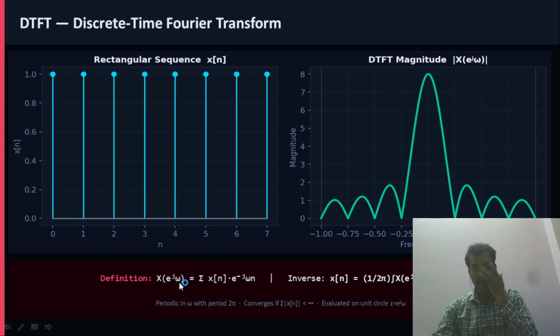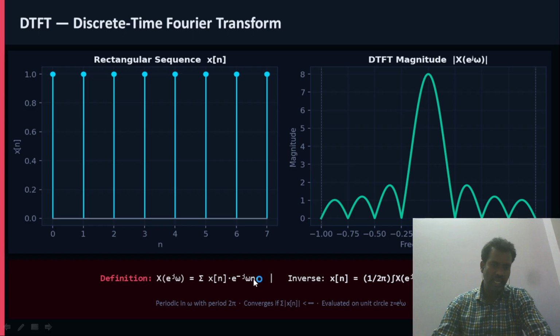The resultant x of e power j omega is continuous. That's the difficulty of using Fourier transform directly for a discrete time signal. It is continuous because e power j omega n, over n, will become continuous.